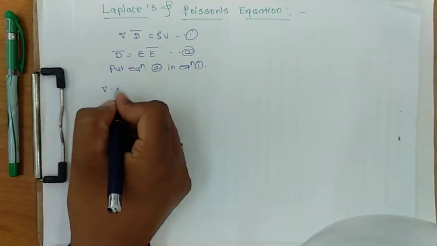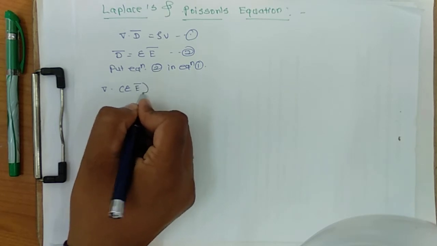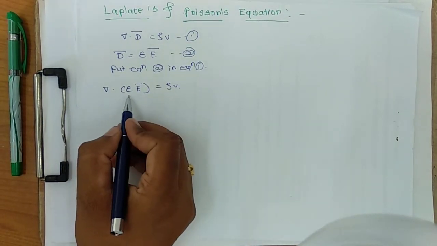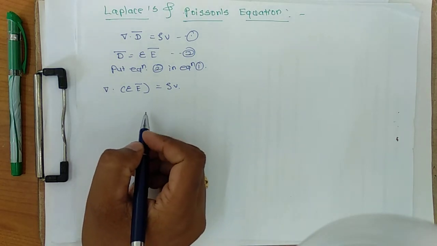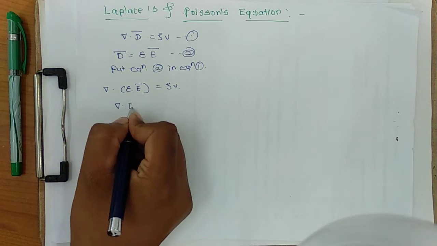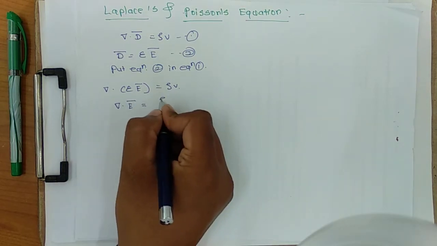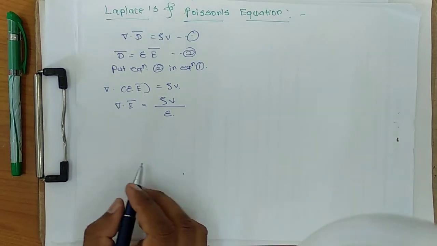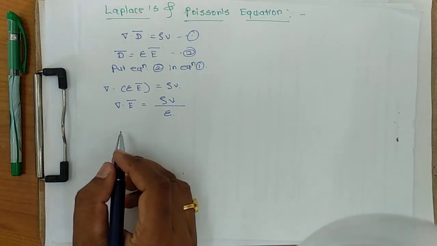So del dot epsilon E bar is equal to rho v. I will move this epsilon to the right hand side, so del dot E bar is equal to rho v by epsilon. That is del dot E bar we have calculated.